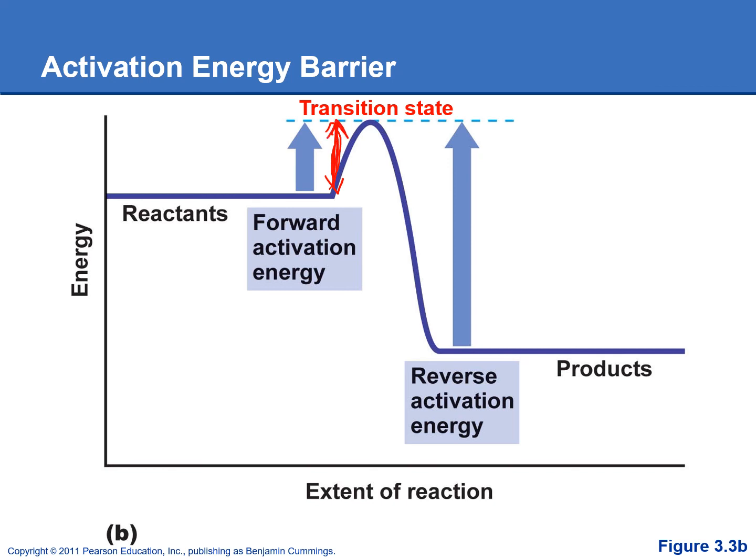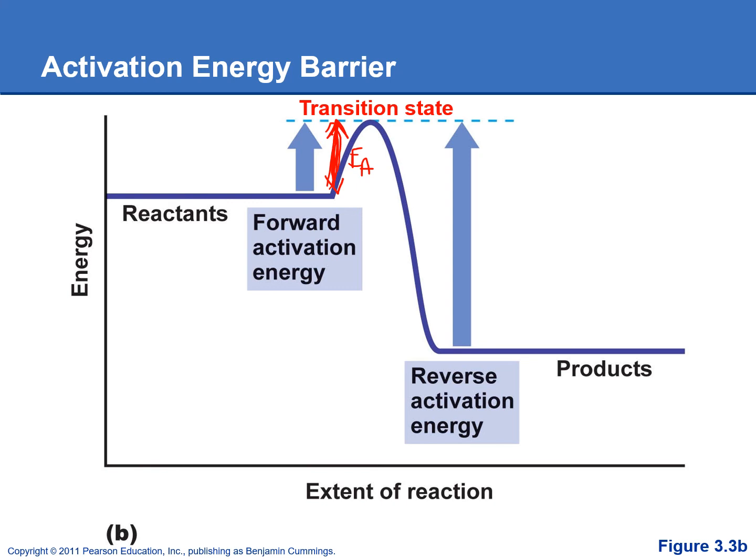Okay, that's our activation energy. So that would be our E sub A. Okay, so that's the amount of energy we have to put in to get the reaction started. So it's like you have a rock sitting at the top of the hill and you got to give it a little shove to get it rolling down the hill. Okay, so that's not very much, and so that reaction is pretty likely to go because it doesn't take much energy to get it going.